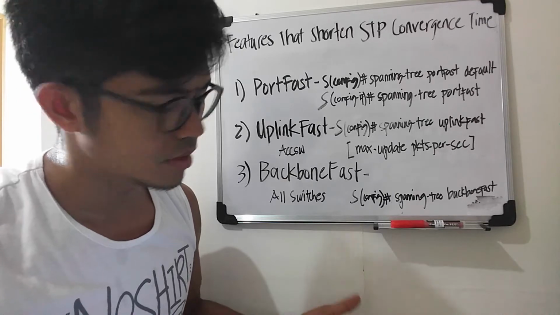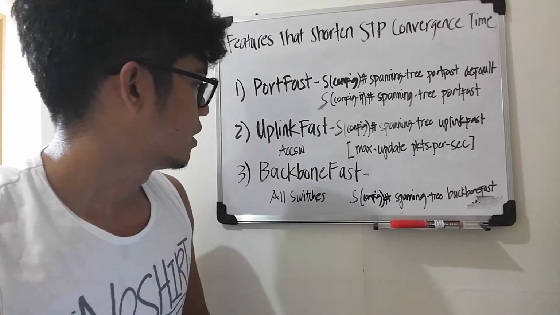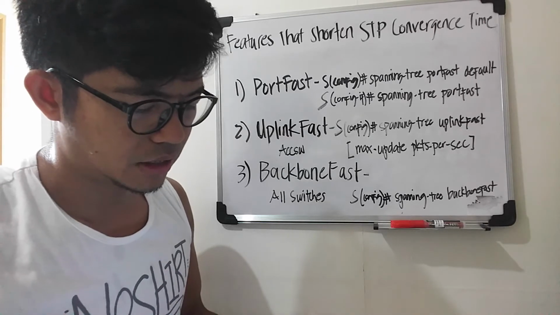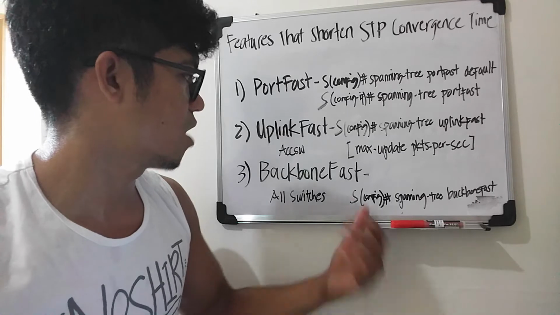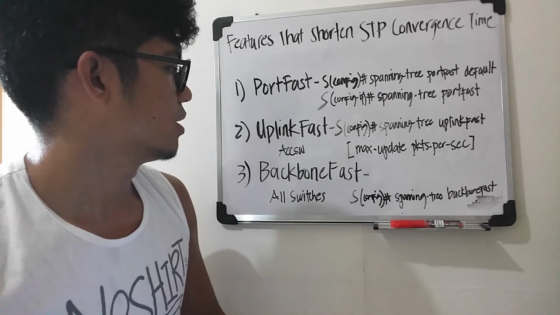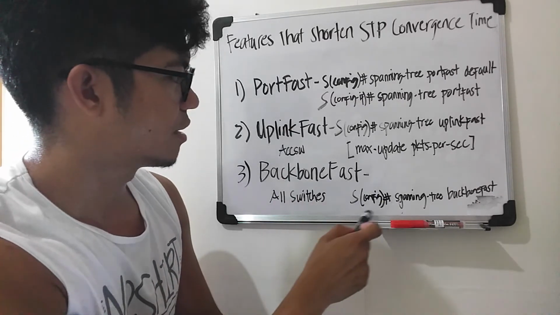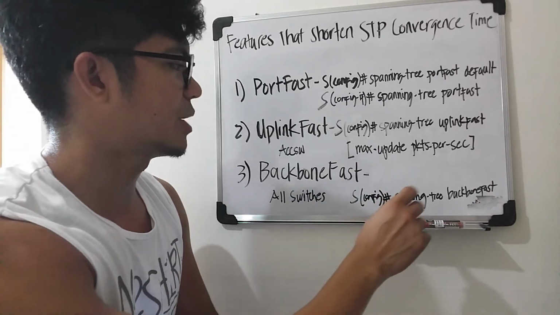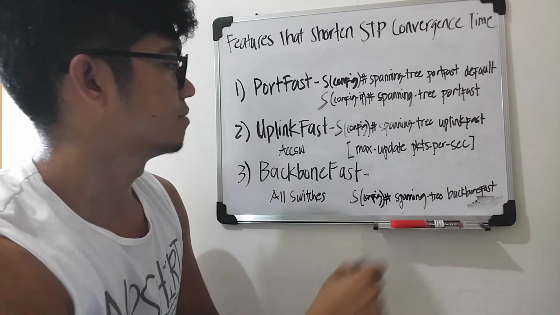So that's the description. Like I said, I'm not going to talk about these two because they are already built in RSTP. But you can enable this in all the switches, and the global configuration command is spanning-tree backbonefast.